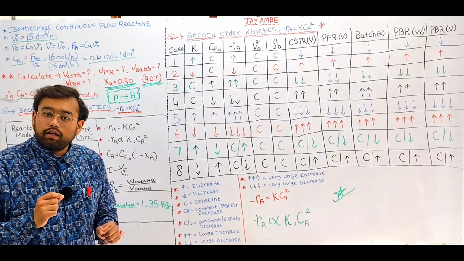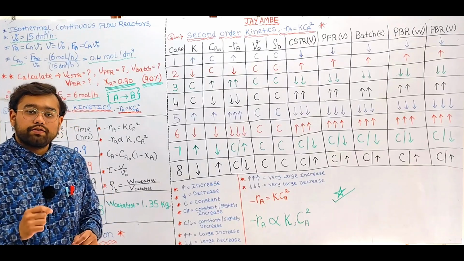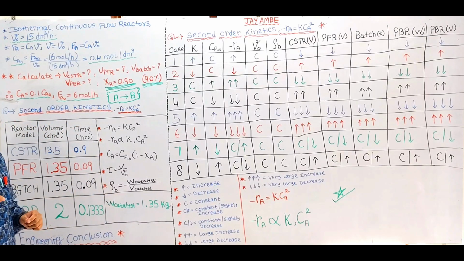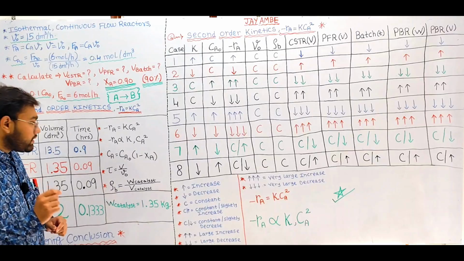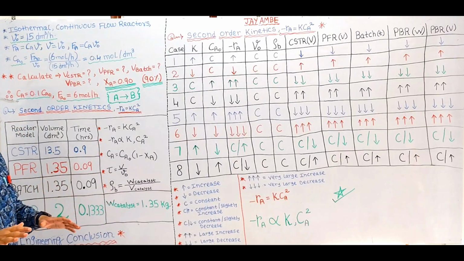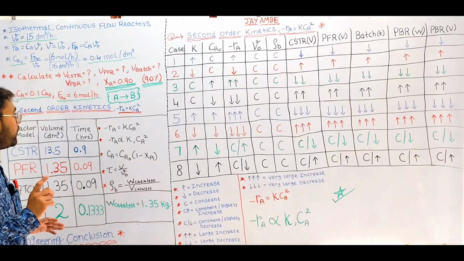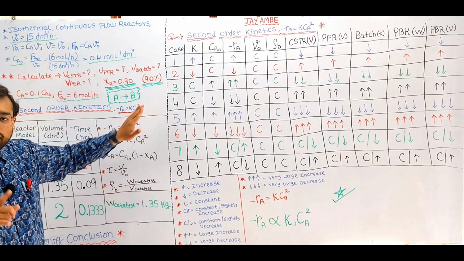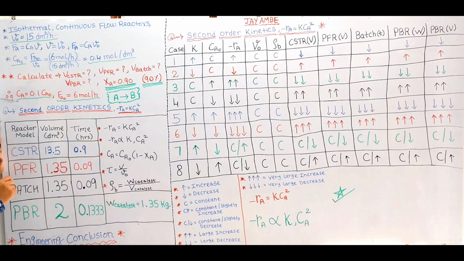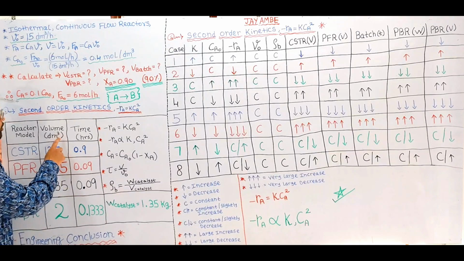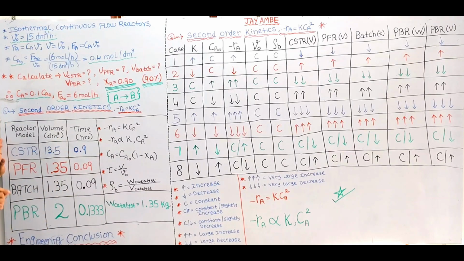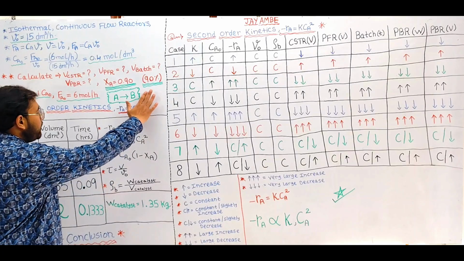We have used the fundamental concept of the performance equation of CSTR to calculate the volume of the CSTR required in order to achieve the desired conversion of 90%, right? By using the performance equation of CSTR, we have calculated the volume required, which comes out to be 13.5 cubic decimeter to achieve the desired conversion of 90%.